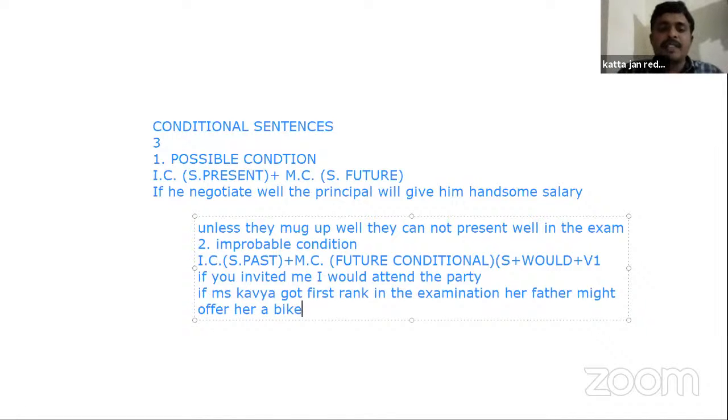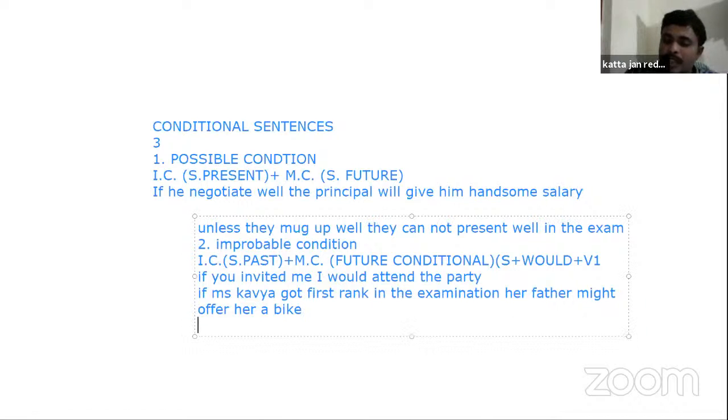Right. If Miss Kavya got first rank in the examination, her father might offer her a bike. So it means what? Kavya did not get the first rank in the examination, and her father did not offer any bike for her. So this is how the meaning we will get from the second condition.